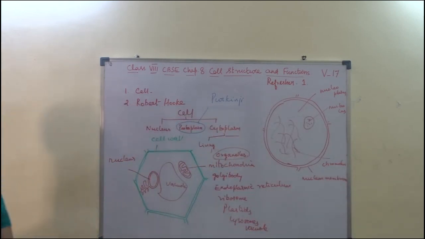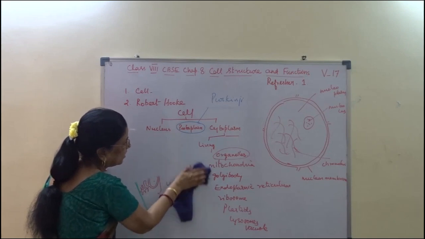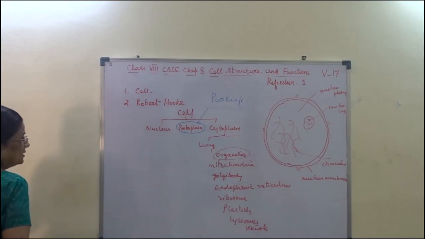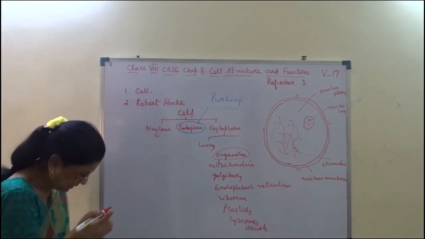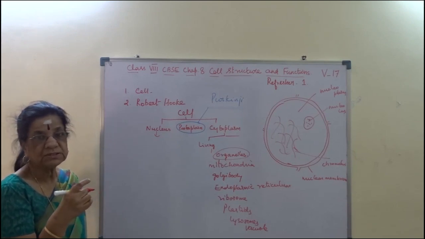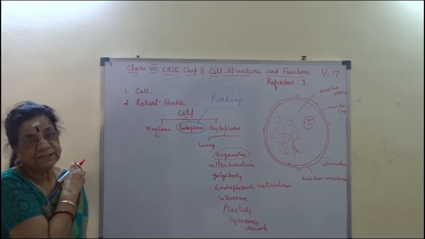So we say the nucleus is formed of the nuclear membrane, inner to that the nucleoplasm, which encloses the nucleolus and chromosome or chromatin network.